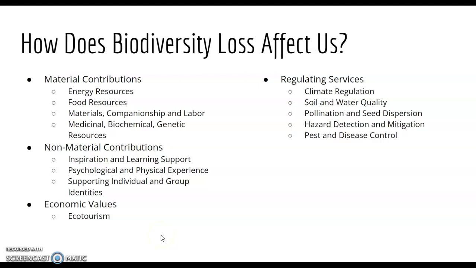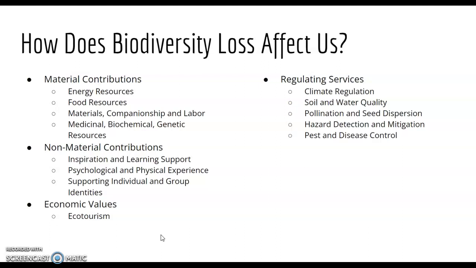So the first way that biodiversity affects us is in material contributions. So obviously if we're losing animals, we're going to lose a lot of the materials that we use. The first type of materials is energy resources, such as firewood and fuels, food resources, which can include fruit and bushmeat.